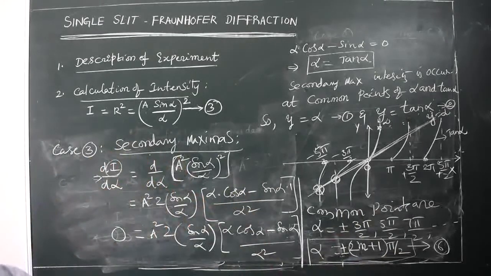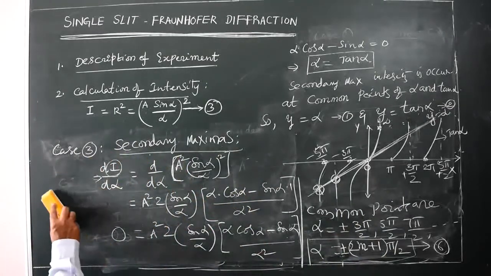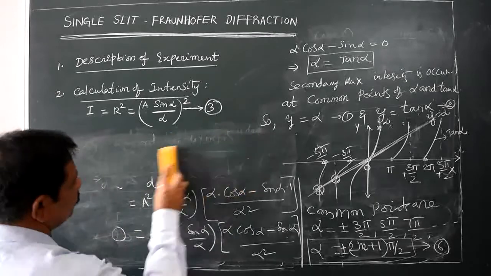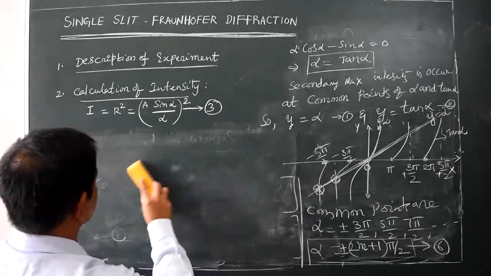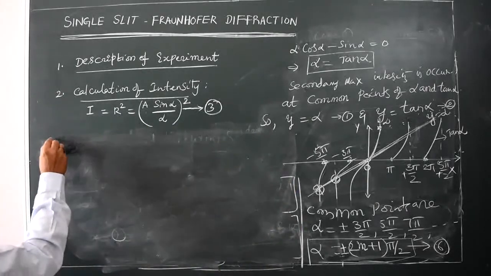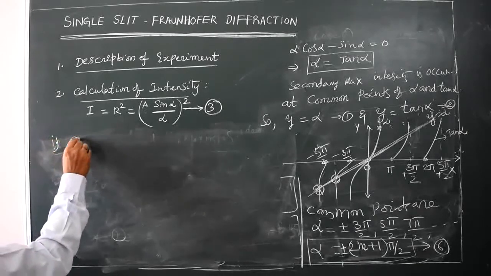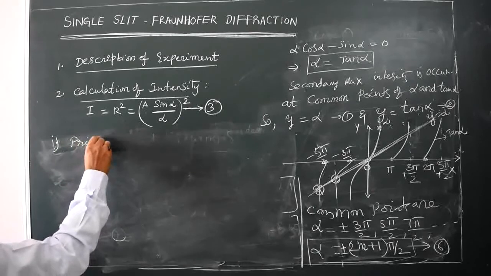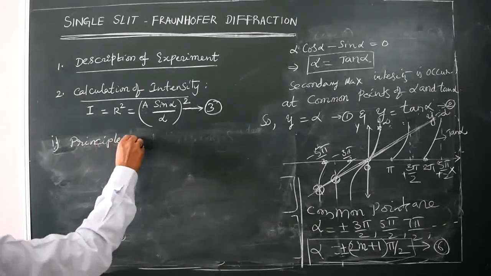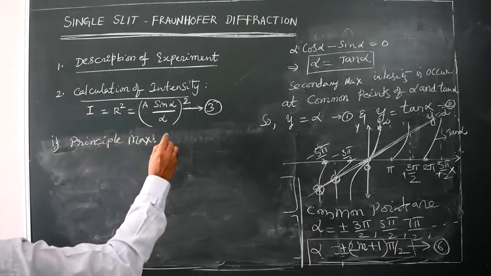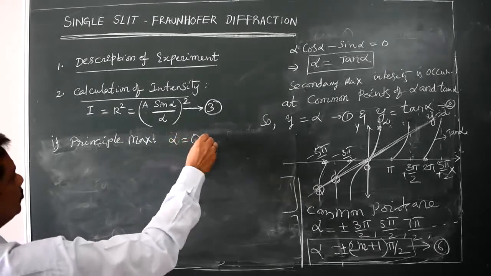Now consolidating all these conditions, we have 3 types of intensities. What is the first type? From case 1, principal maxima. The principal maxima occurs at alpha is equal to 0.